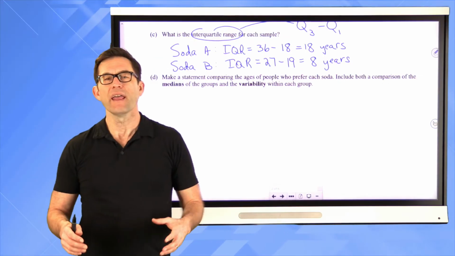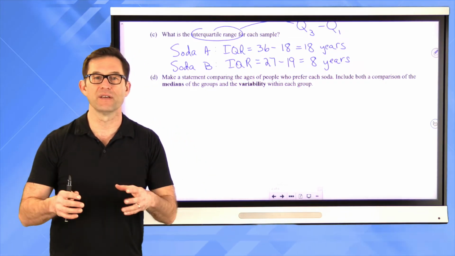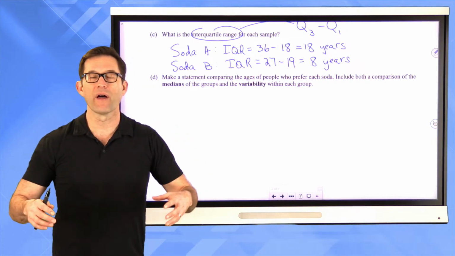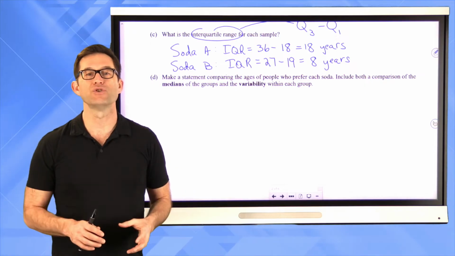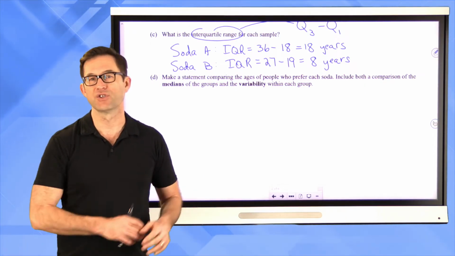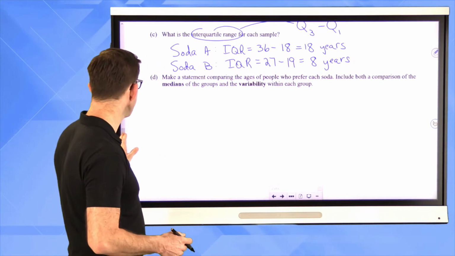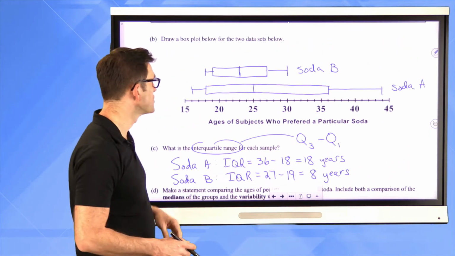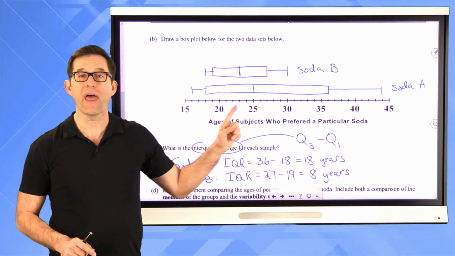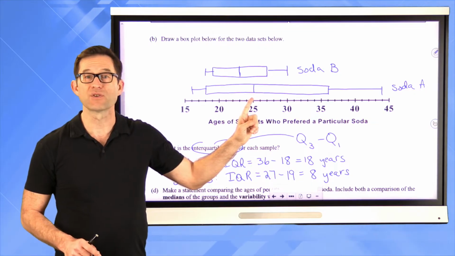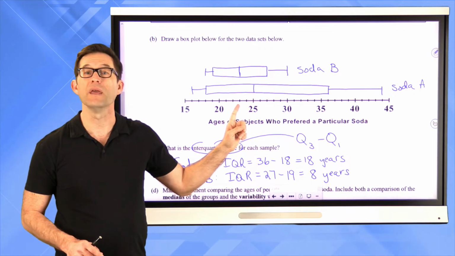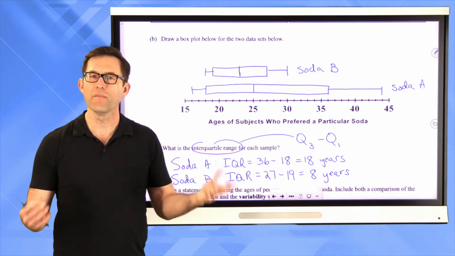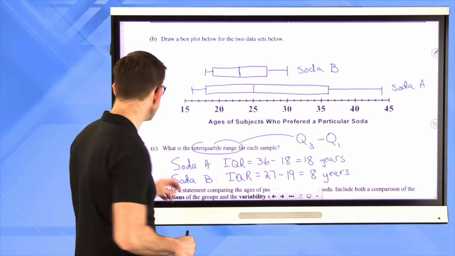All right, so again, it's kind of like going back to our statistical question, right? It's sort of like, all right, what are the ages of people who like these two sodas, right? Well, let's go back up and take a look at those medians once again, right? For soda A, the median, right, is 25 years. Soda B, the median is 23 years. So the median age is really quite close, right?